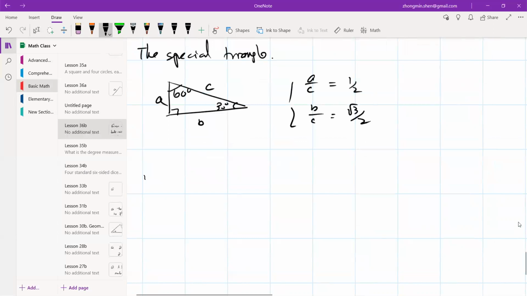Yeah, let's find out. Question. Here's a special triangle. And this is 30 degrees. That's 60 degrees. Okay. And this side is 1. And I'm drawing the line passing through here, and here's a rectangle. Okay.